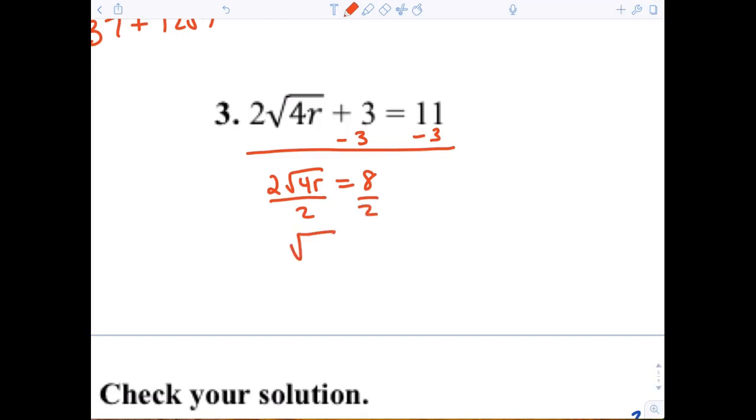So now the radical is isolated. So now I do what to both sides? Square. So 4r is equal to, so r is equal to what? Beautiful. Now double check me on that. Make sure you're good. So there can't be a number in front of the radical either. Isolate the radical.